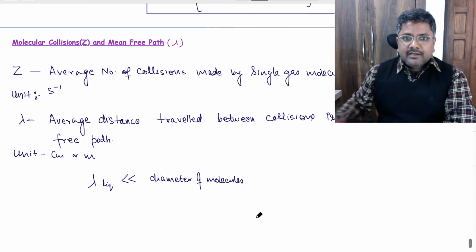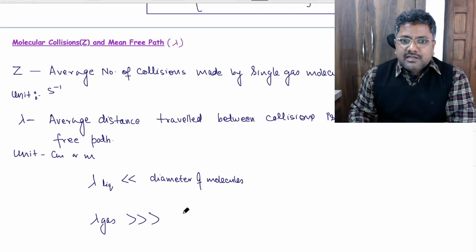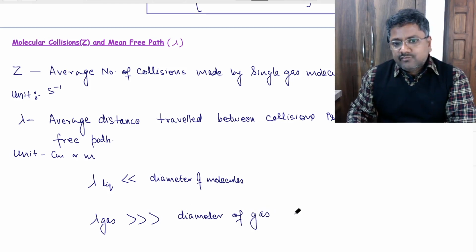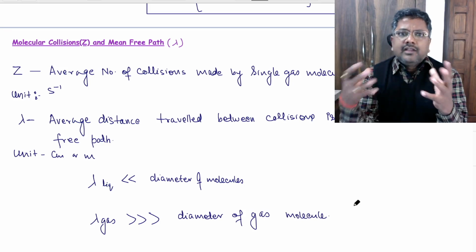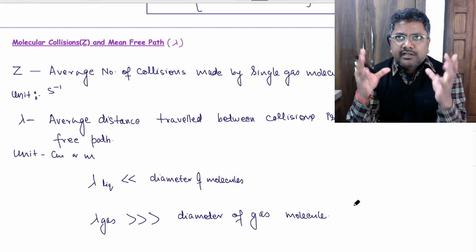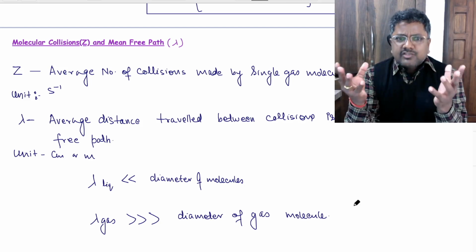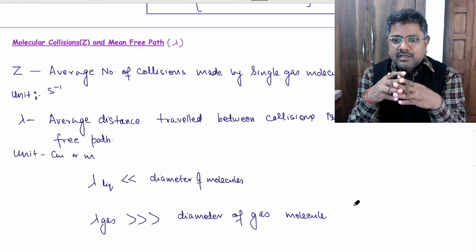But in gases, lambda for gases is much larger than the diameter of the gas molecule. So, if you take gas at a very low pressure in a container, suppose you are taking two molecules of hydrogen in a large container, it is possible that year to year, they do not collide with each other, right?